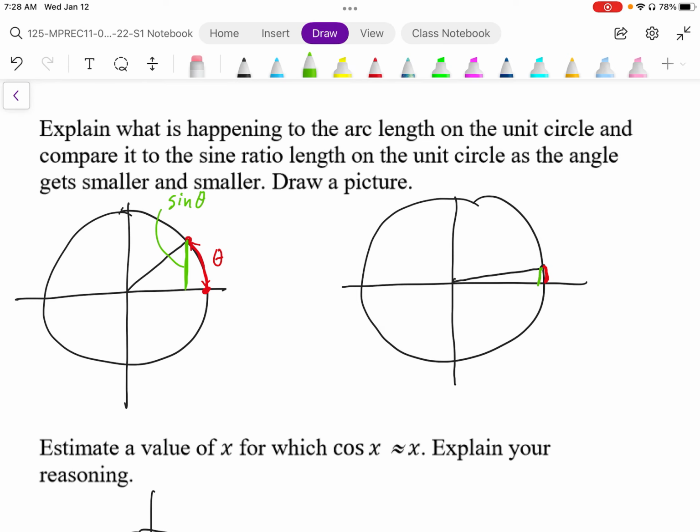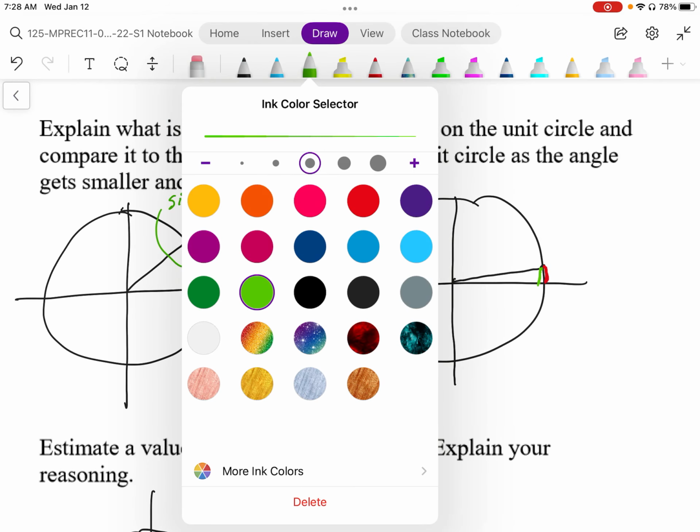As we make the angle smaller and narrower, we start zooming into the curve, and the more we zoom into the curve, the more straight it looks. And in fact, the sine value starts to match the theta value.